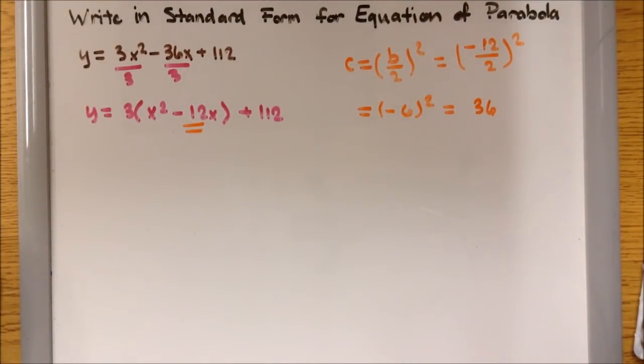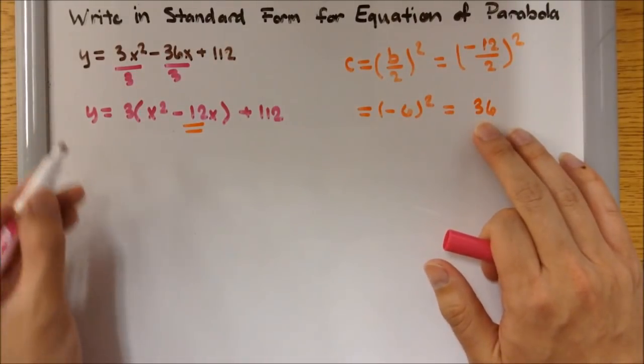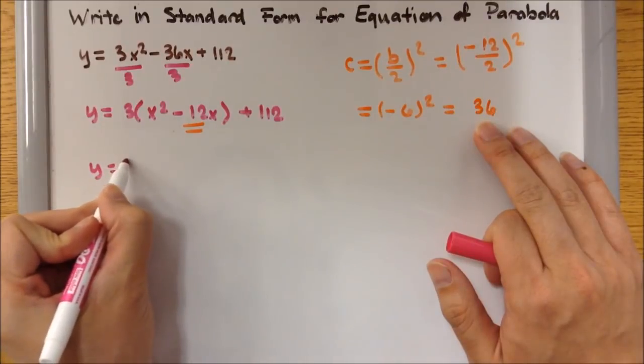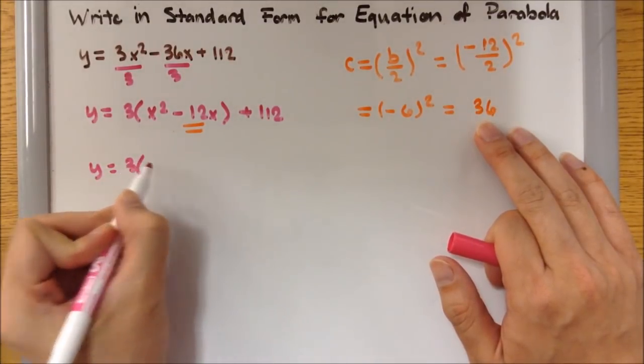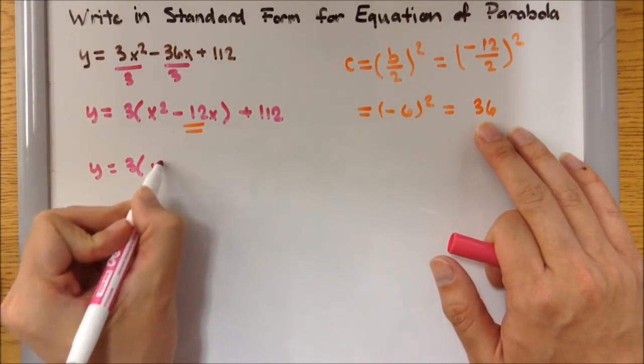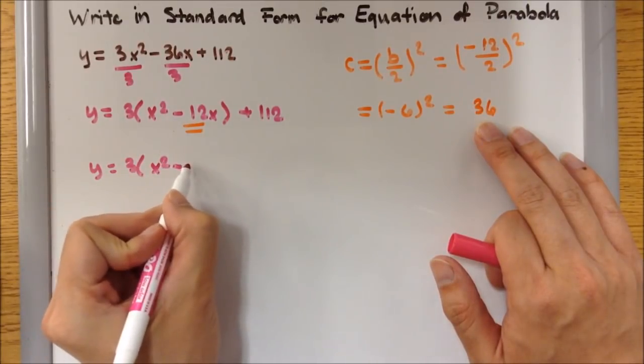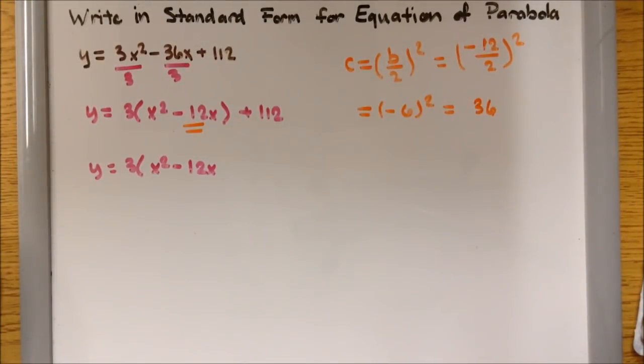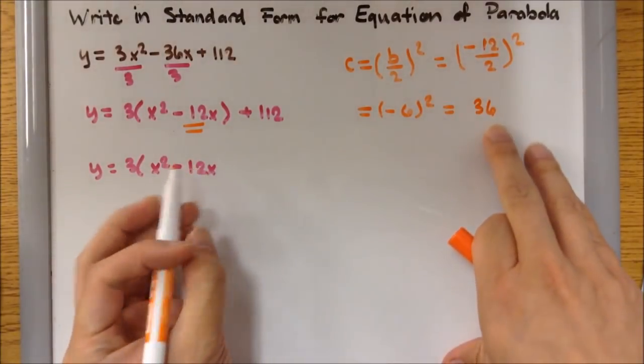So everything's going to stay the same, except that I'm going to add in the 36. So I'm going to write y equal 3 open parenthesis x squared minus 12x. Next, I'm going to add in the positive 36.